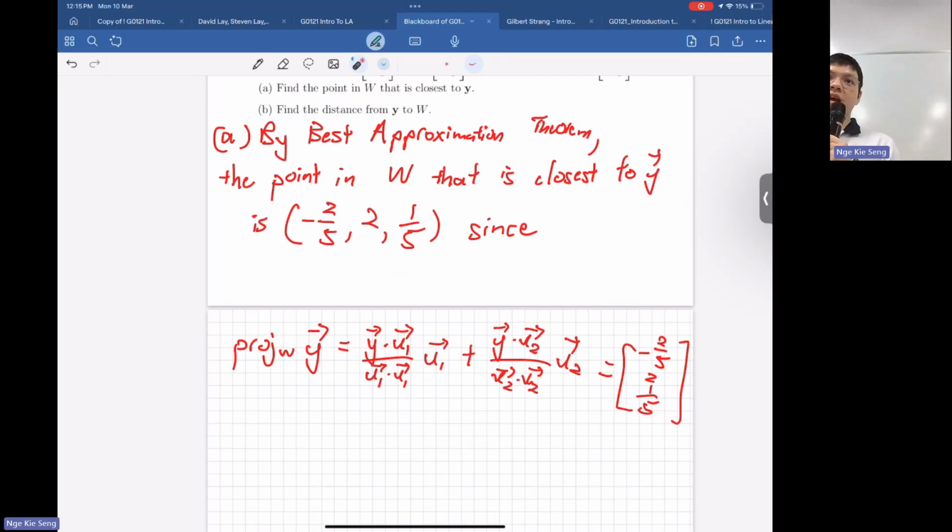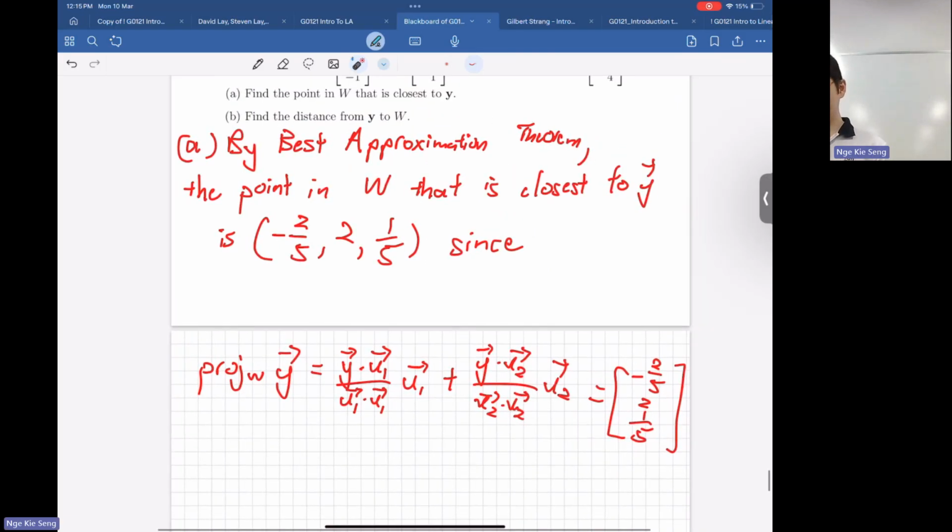A point and a vector starting from the origin are the same. In this course, we won't differentiate so much between these two things. As long as you give one of them, it's fine. Asking for the point in the subspace that's closest to y is to find the orthogonal projection, then you are good.